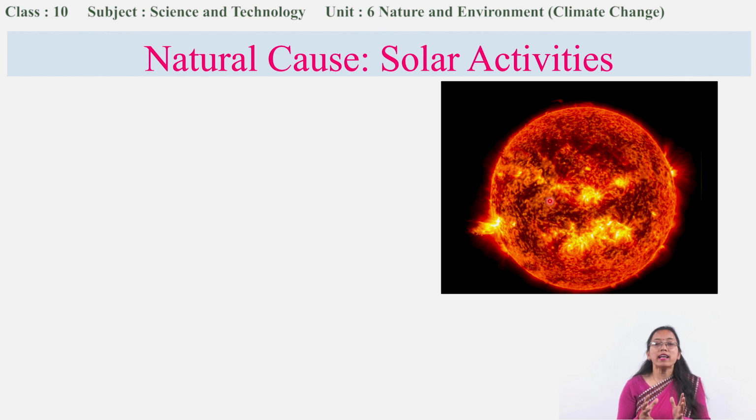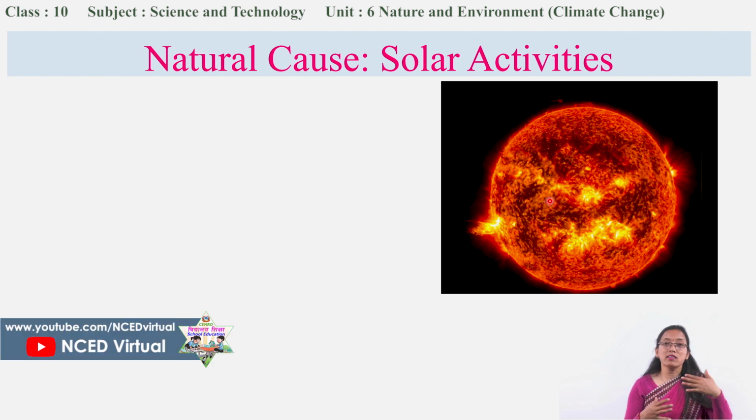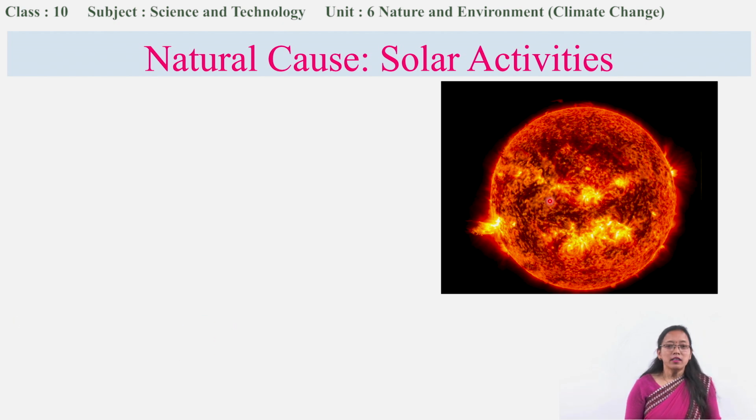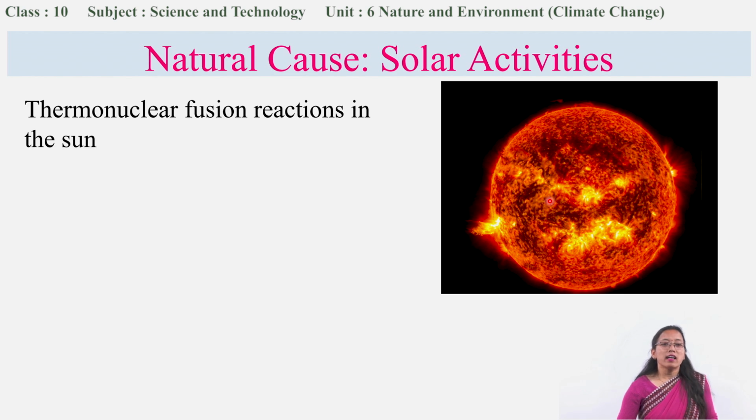While those activities are going on in the sun, how do they affect the Earth's climate? As the thermonuclear fusion reaction takes place in the sun, a high amount of energy is formed, and that energy is radiated to the earth. It comes to the surface of the earth.